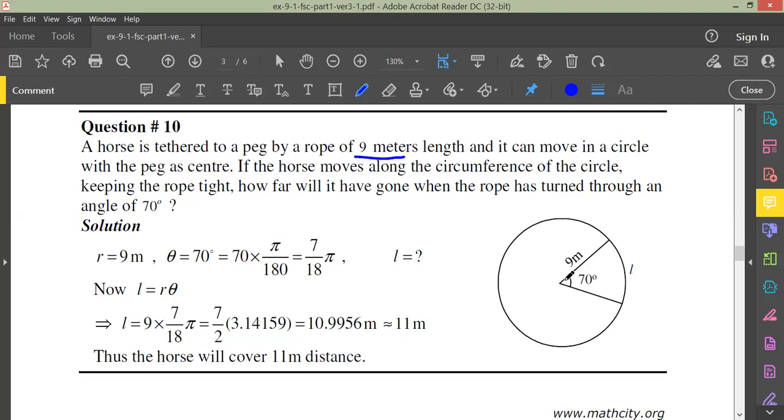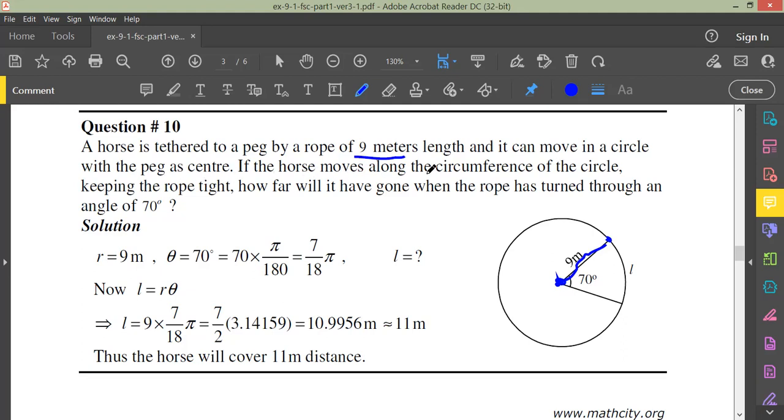This is the center. There is a pillar, or you can say a stick, with which a horse is tethered. So the length is 9 meters. We can write it as the radius of that circular track. So radius is equal to 9 meters and it can move in a circle with the peg as center.